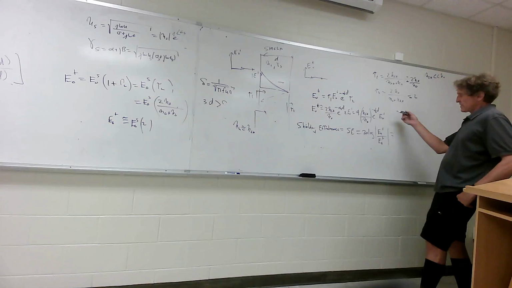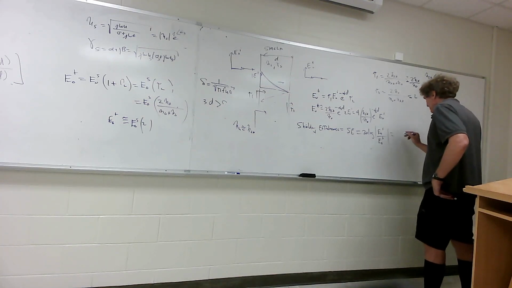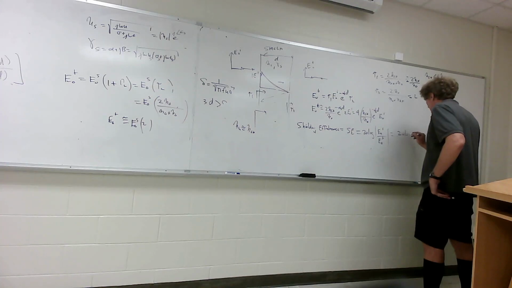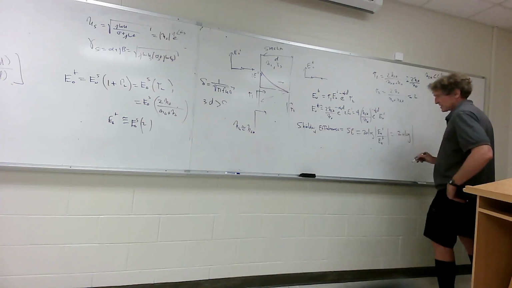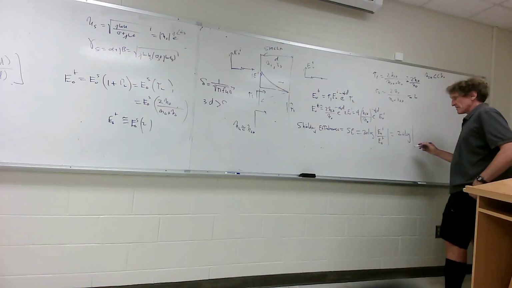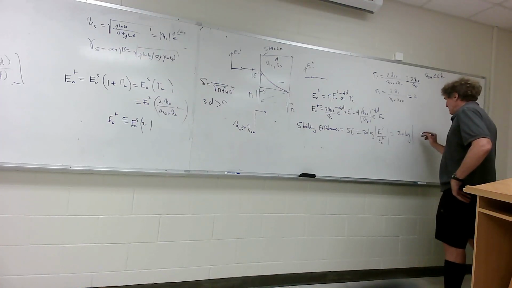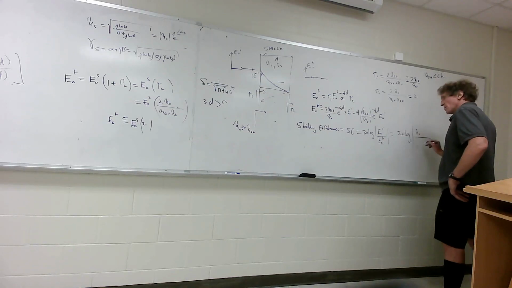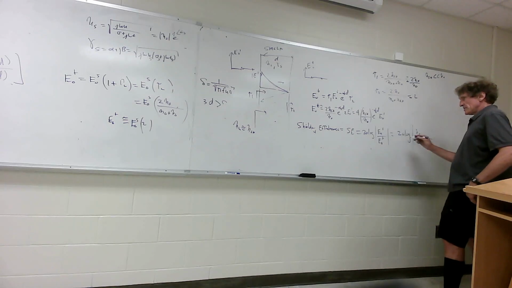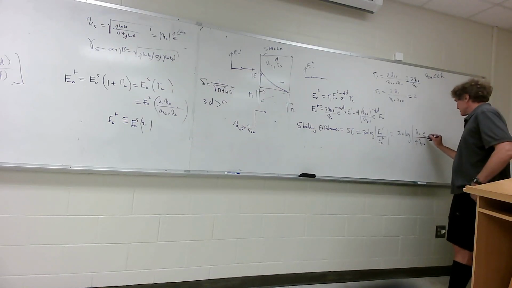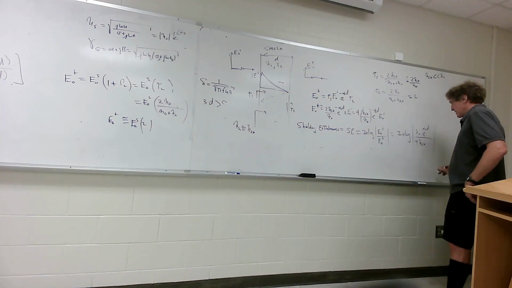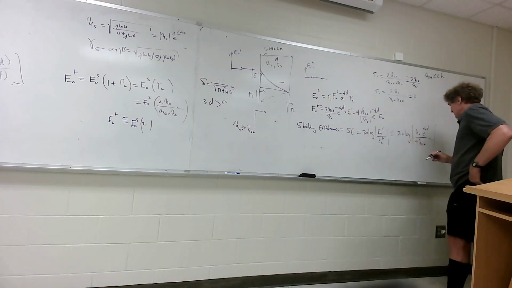If you divide the incident field by the transmitted field, E naught incident goes away, and you get 20 times the log of the magnitude. It's really going to be inverse everything, so it's going to be eta naught over 4 eta shield, and then you can take that upstairs, so it's e to the alpha shield times d, and that would be approximately the shielding effectiveness.